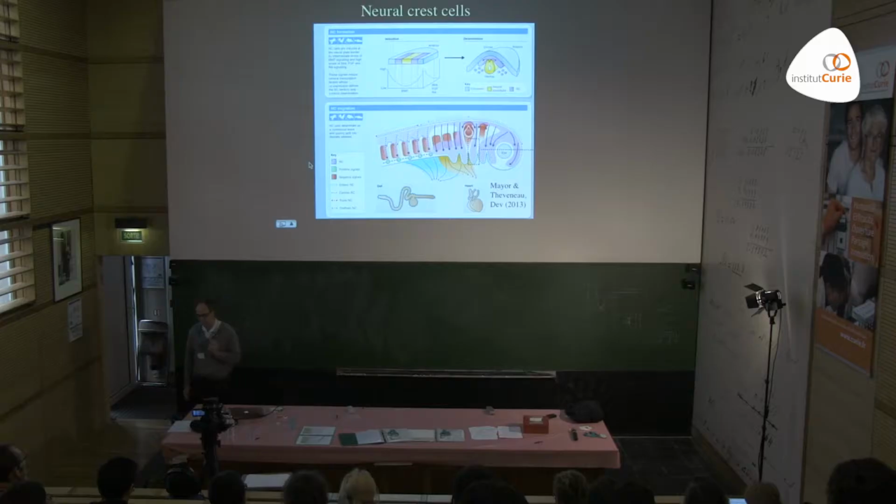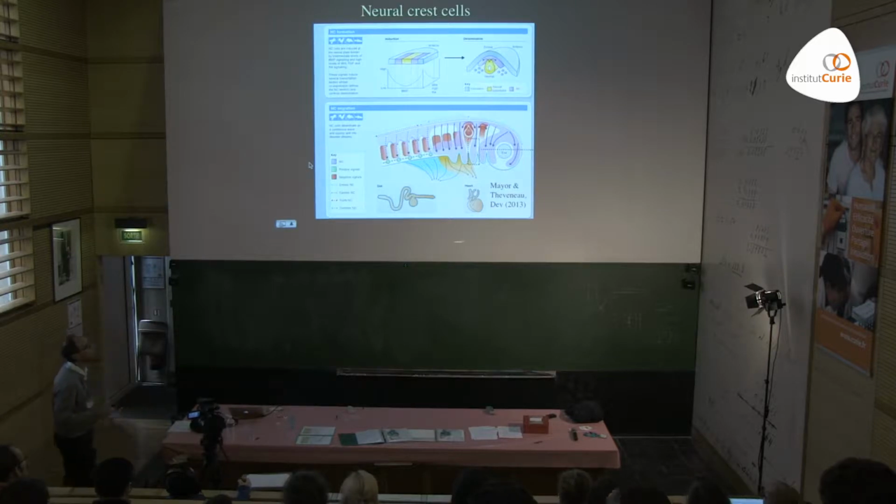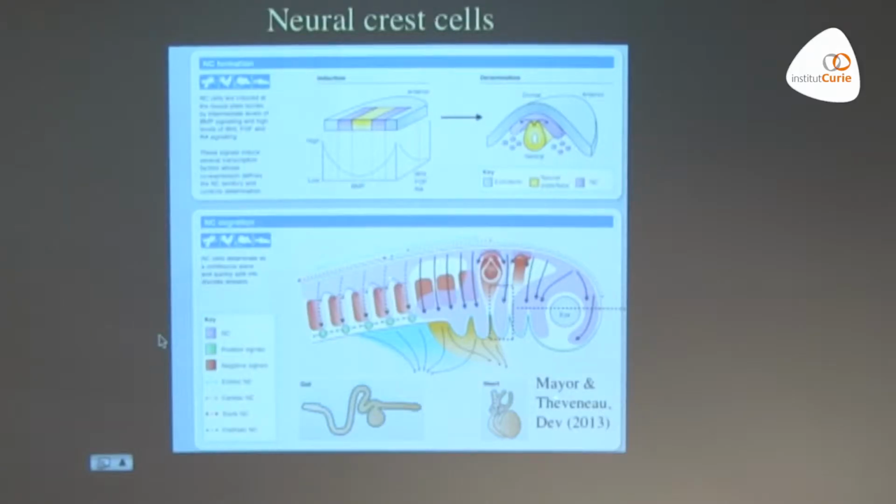One example, which I think is a very nice study in Roberto Mayor's group in London, is the motion of neural crest cells. This is a poster that I just took from Eric Theveneau and Roberto Mayor in Development, which appeared last year. So what are these neural crests? They just appear on the side of the neural plate.